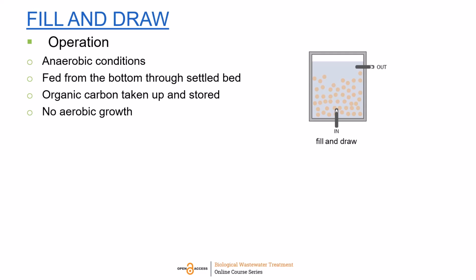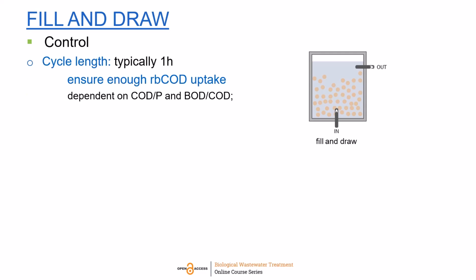Organic carbon is taken up and stored, and there is no aerobic growth. The length of the fill and draw phase is typically 1 hour. It needs to be long enough to ensure the uptake of readily degradable organic carbon. This will depend on the influent COD phosphorus ratio and on its BOD-COD ratio.